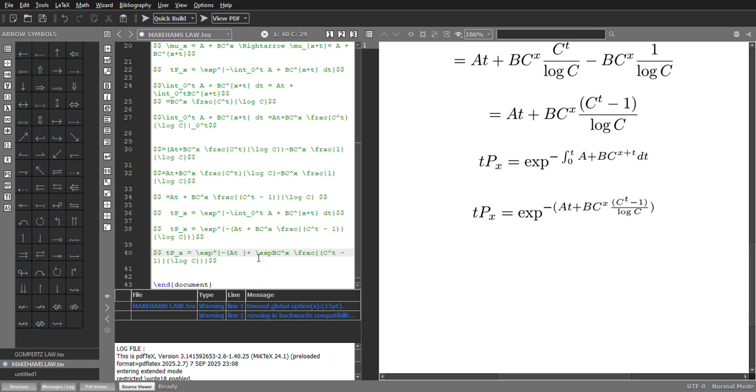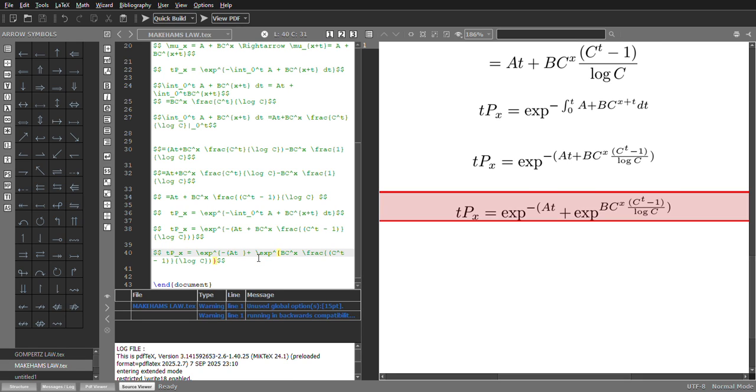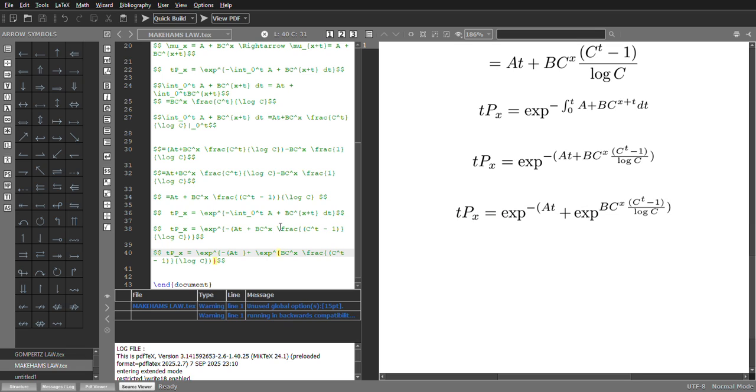Another exponential here. I think it should be running now. Now, let me remove these brackets, making it look ugly.